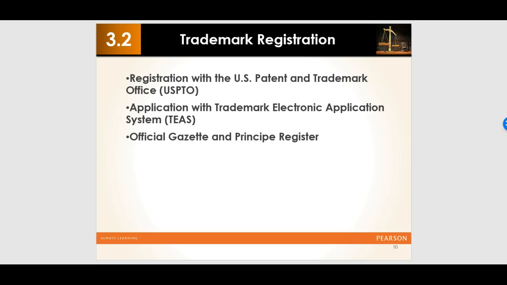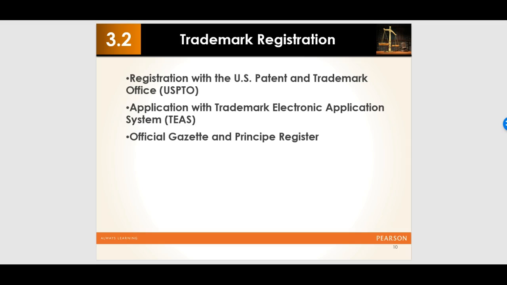Well, nowadays registration is mostly made online. You can also do it on paper, but very few applications are made on paper. Mostly they are online, and they are made through the USPTO, the United States Patent and Trademark Office.